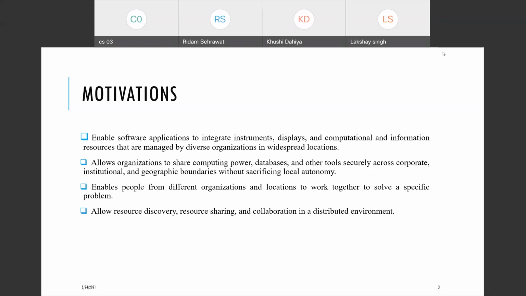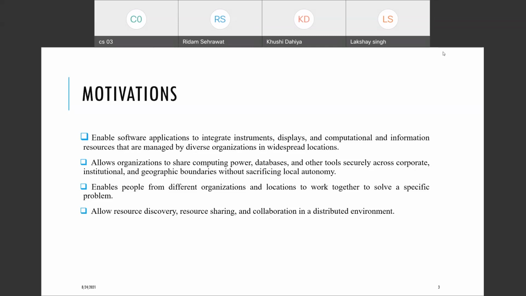So here grids motivate us in such cases, where we have different organizations situated at different locations working on some specific things, so they can combine and share their things with each other. Fine. Next, in grid, I already told you we are able to discover the resources.